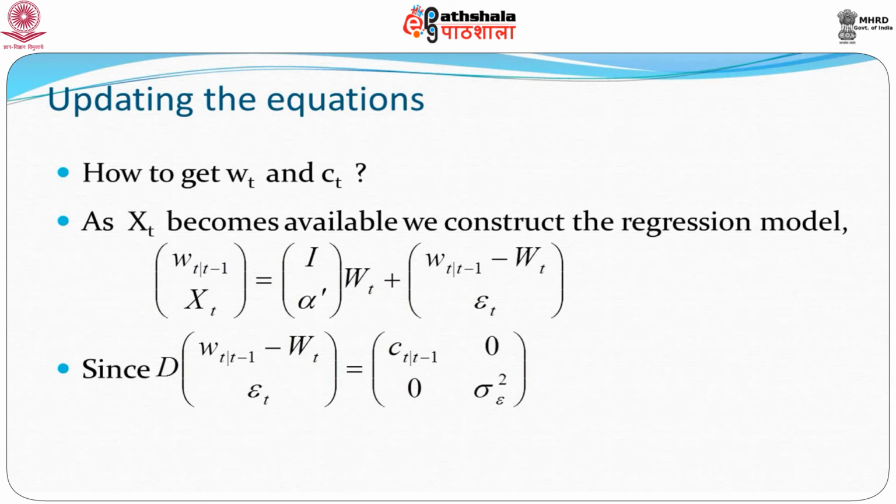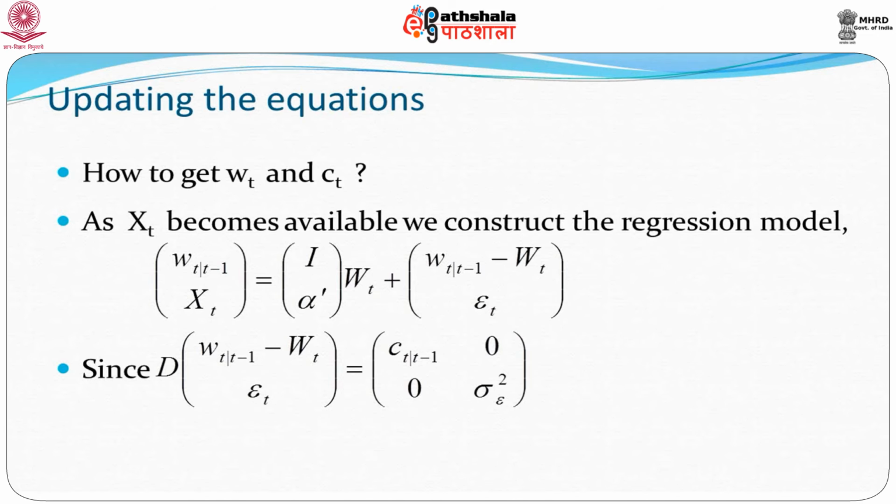But if you look at the error and its mean, it is going to be 0. The expectation of Wt given t minus 1 minus Wt would give you 0, and the expectation of epsilon t is 0. So, the dispersion in this case would come out to be uncorrelated, and it will be a diagonal, which would be Ct given t minus 1 and sigma epsilon square.